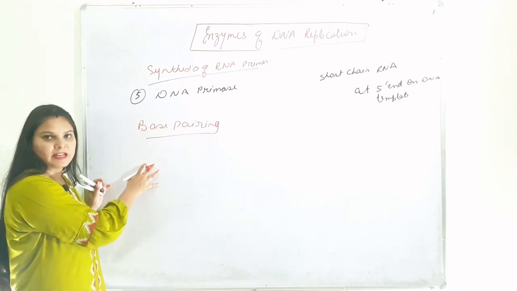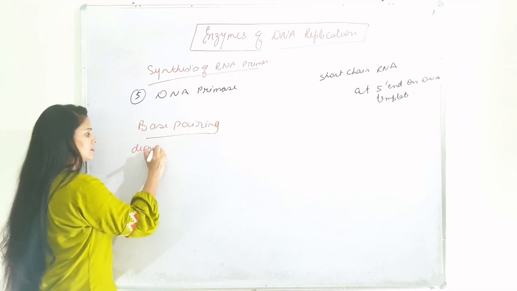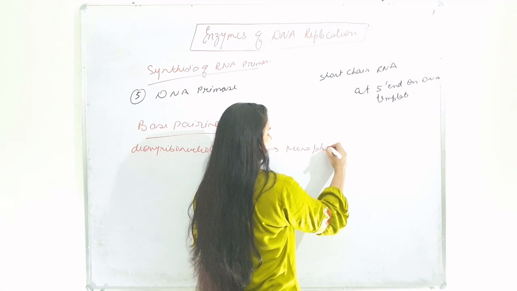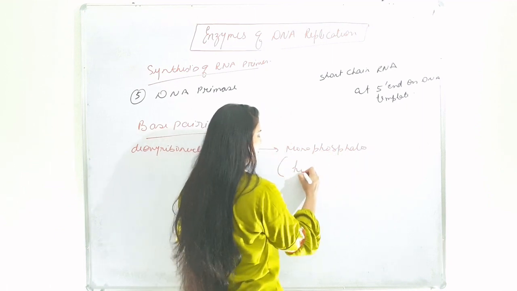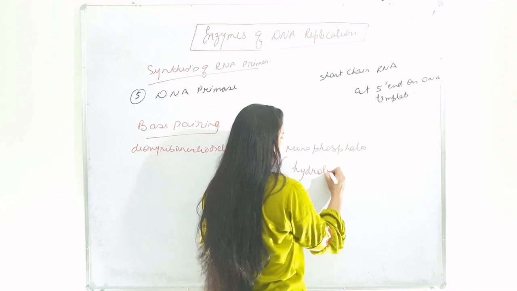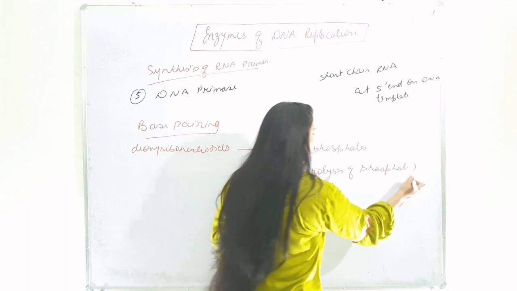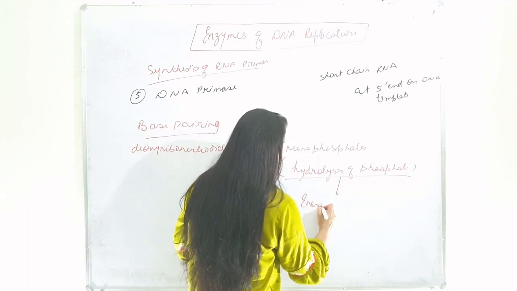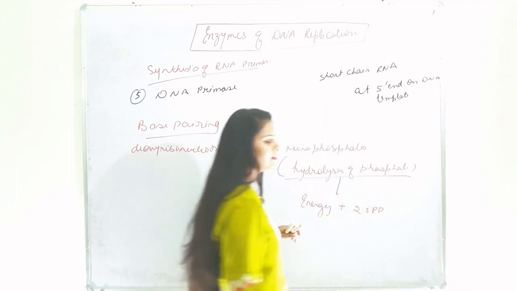In this step, the deoxyribonucleotides are converted into monophosphates by hydrolysis of phosphates, and this reaction releases energy and two inorganic phosphate groups.